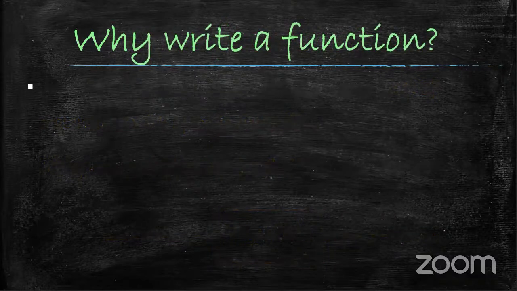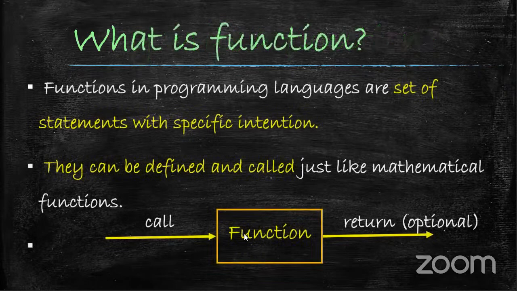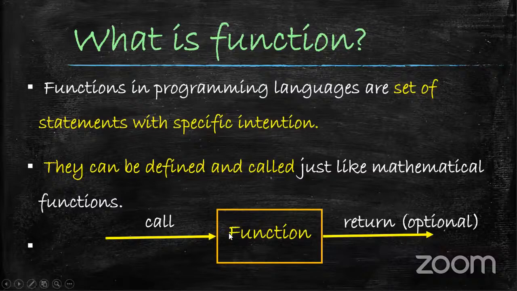Now before we go to the function, let's see why to write a function. As you can see, when you are looking at this function, nothing is written about what is inside the function. I just label it as a function. What is inside this box is not written, right? As long as I know what the call or input to the function is and what the output or return will be, I don't have to worry about what is inside the function.